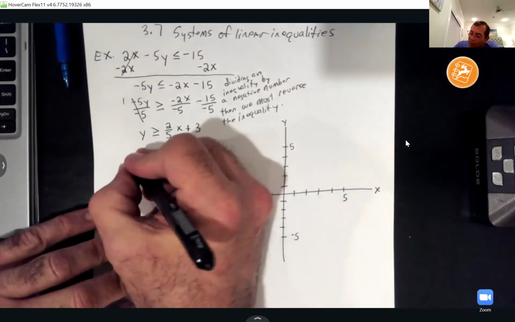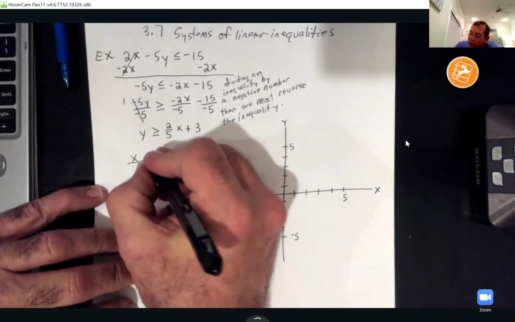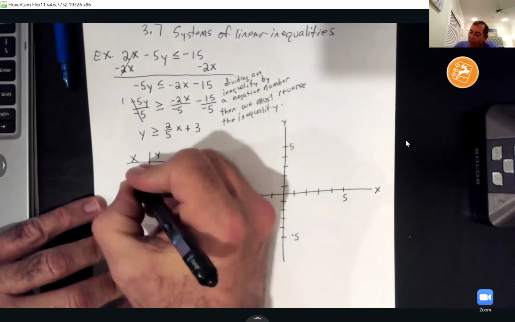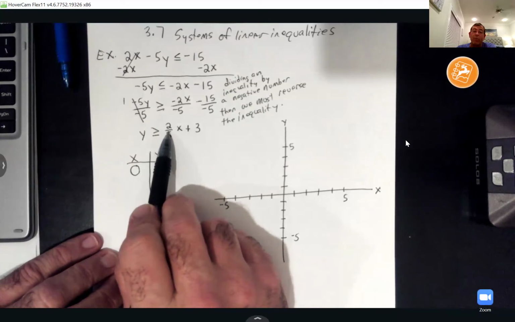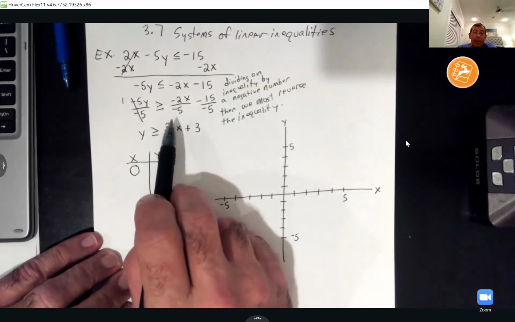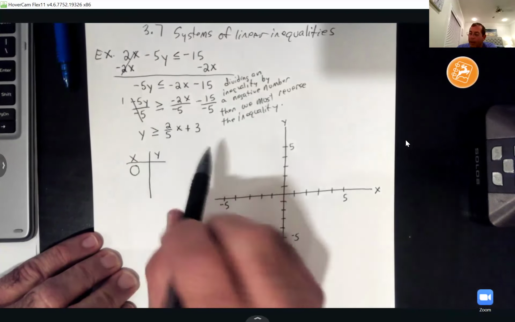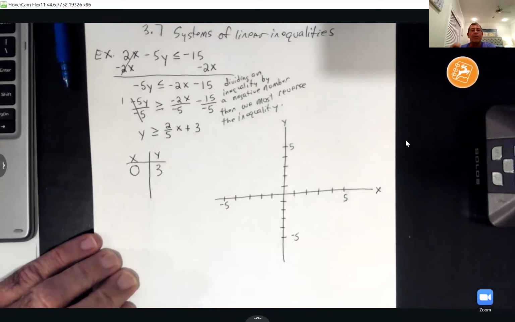All righty. So I'm going to make my X and Y table. I'm going to use a 0 for sure, because y'all, 0 times 2/5 is 0. 0 plus 3 gives me a 3.